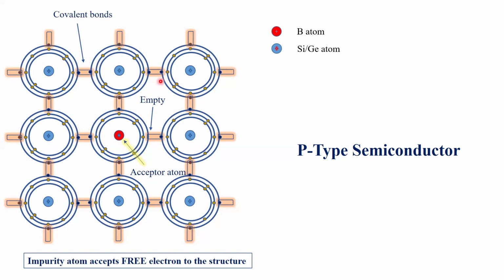However, they need an external energy such as ionization potential, thermal energy, or energy from light to break this covalent bond. This is the example of a pure semiconductor material, and there is not a sufficient number of free electrons available because they are tightly packed in the covalent bonds. Even at room temperature, only a few of them manage to break these bonds and free themselves. Those are called free electrons.